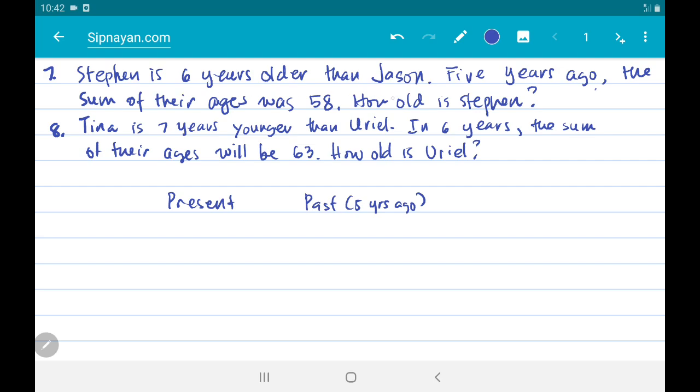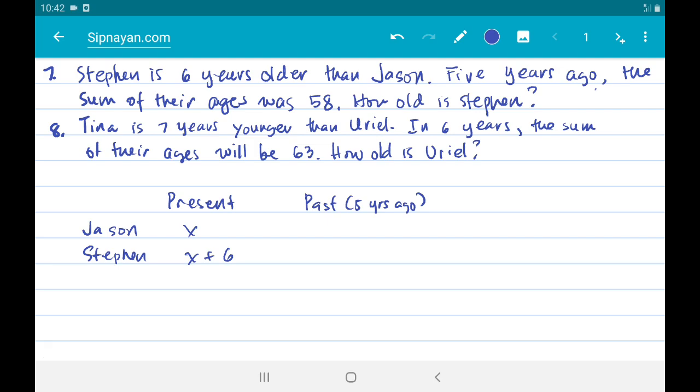Meaning, yung ex natin ay si Jason. So, Jason ay x. Tapos si Stephen natin ay x plus 6 kasi 6 years older siya. So, syempre mas mataas yung age ng 6.